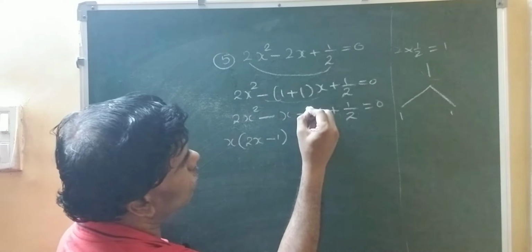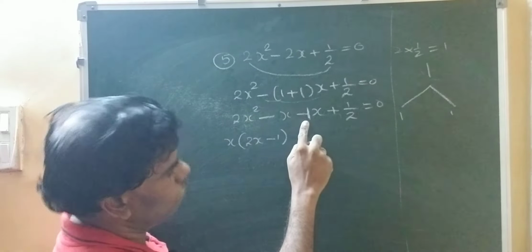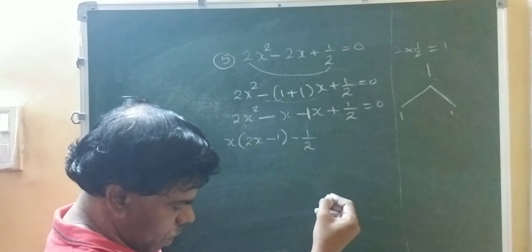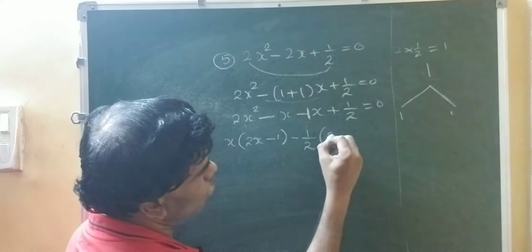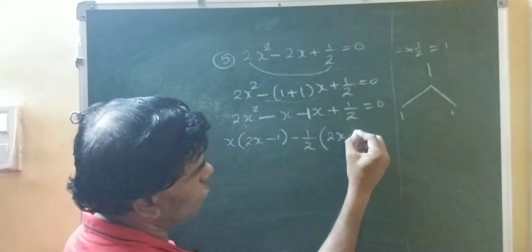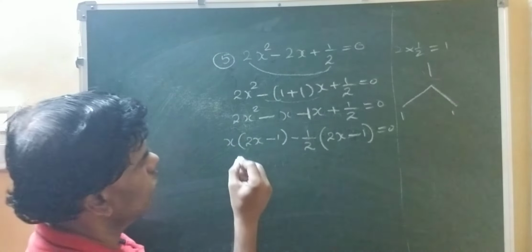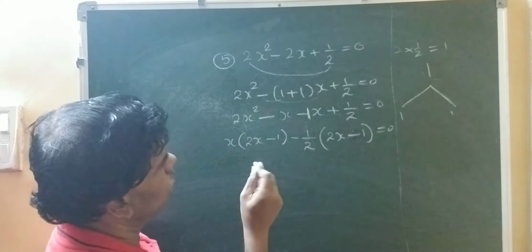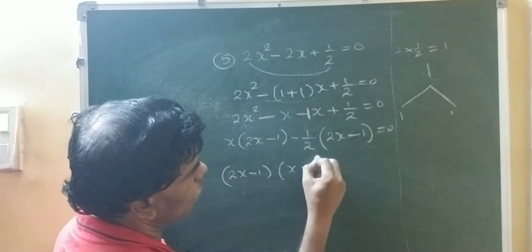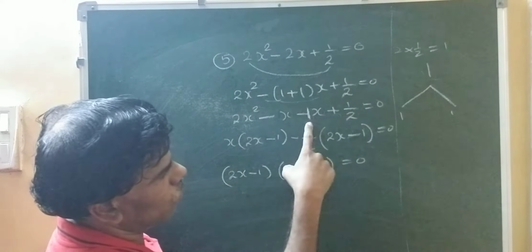Here 1 is there. What is common here? You tell me. This is 2 by 2. 1 by 2 is common here. So it will become 2x minus 1 is equal to 0. So 2x minus 1 into x minus 1 by 2 is equal to 0. I'll explain this step, don't worry.